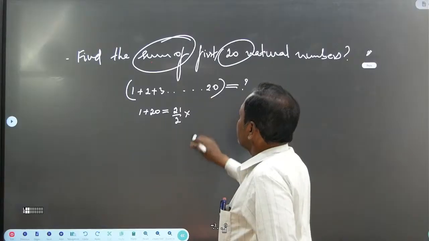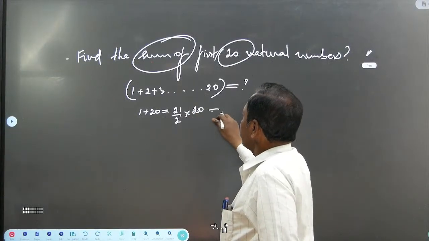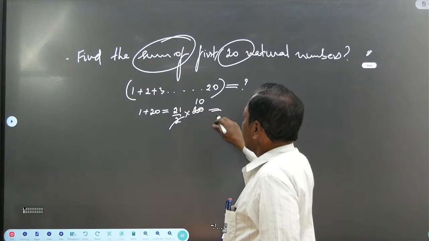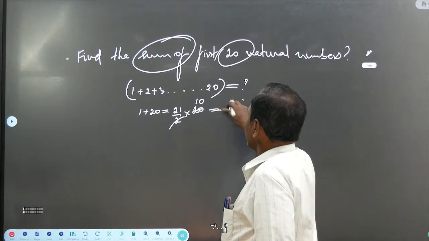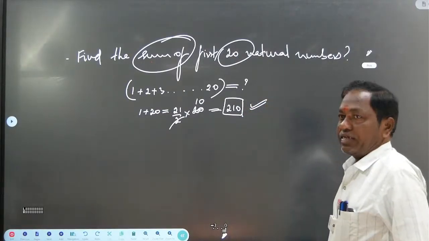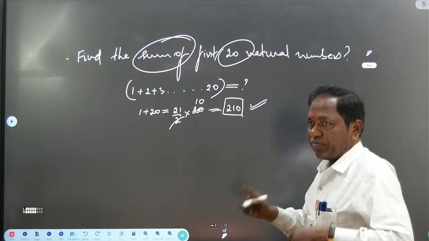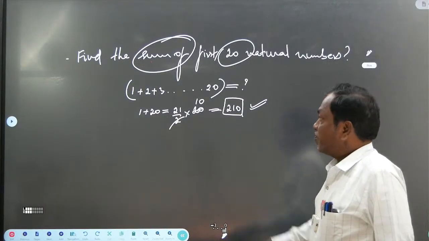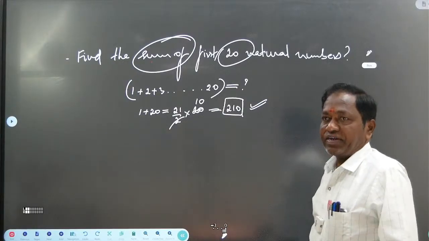How many observations are there? 20. So 2 ones are 2, 210 is the answer. Right. If you try to simplify again, it demands more time also.